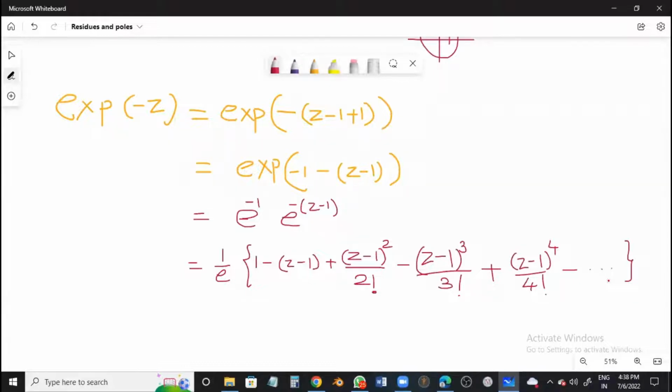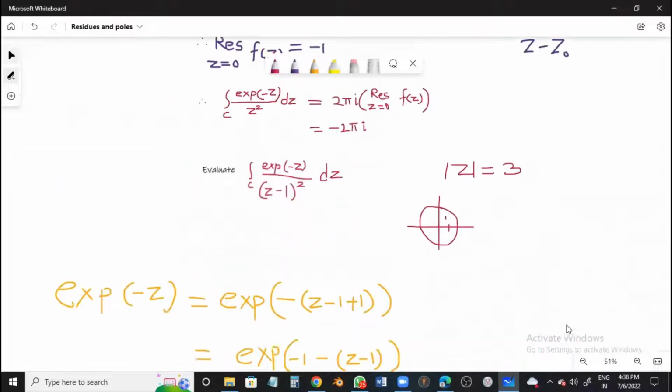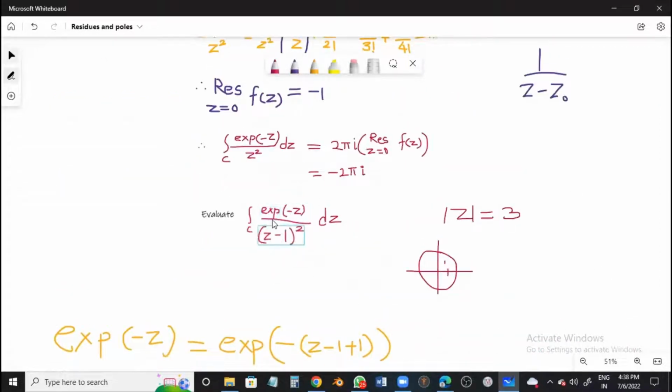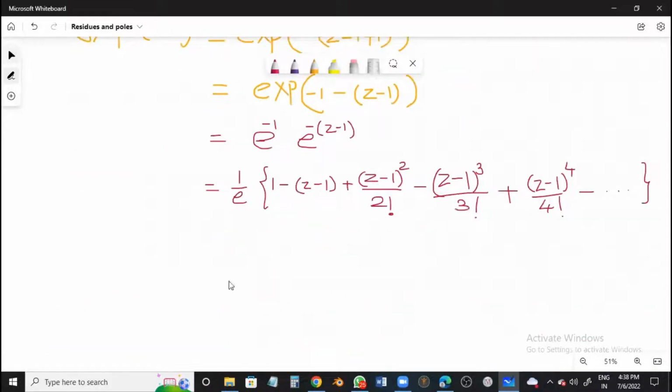Now we have to go with our function. What is our function given to us? Upon z minus 1 bracket square we have. So let us go to our function back. You can see here this is z minus 1 bracket square in the denominator. So I would like to go with that.